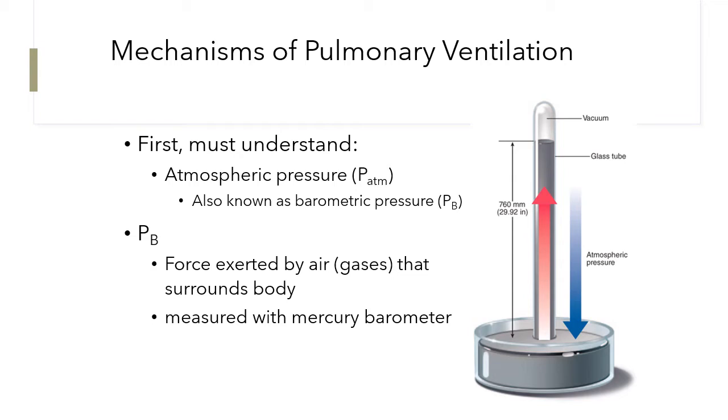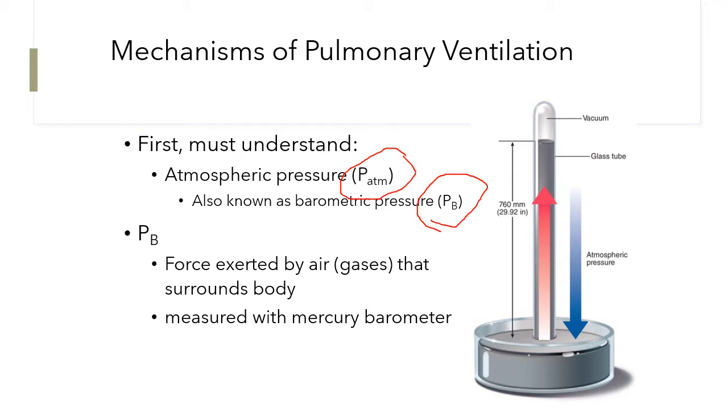So the abbreviation that you see here, PATM, is pressure, atmosphere. The other, P sub B, is barometric pressure.